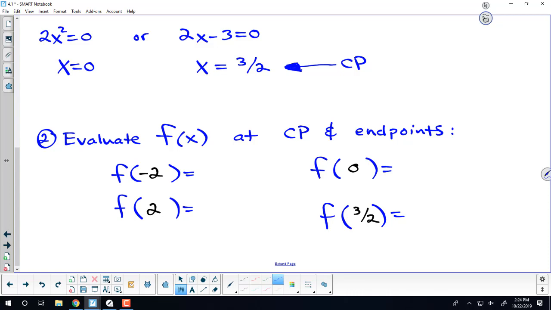Some of the processes that we look at in the next section have us plugging things into the derivative. So you just need to make sure, among those processes, when do I plug into the function and when do I plug into the derivative, as we'll see. But we're plugging these into the original function, x to the 4th minus 2x cubed.